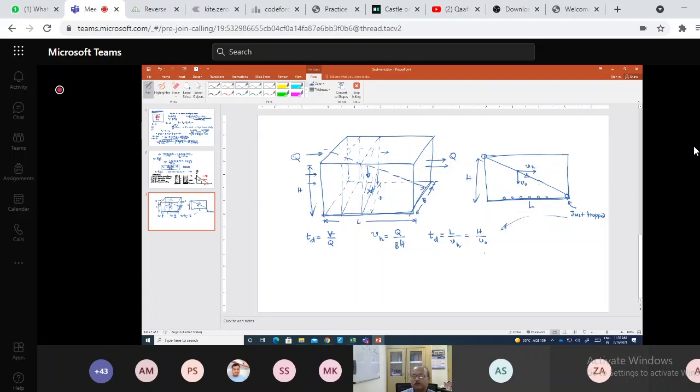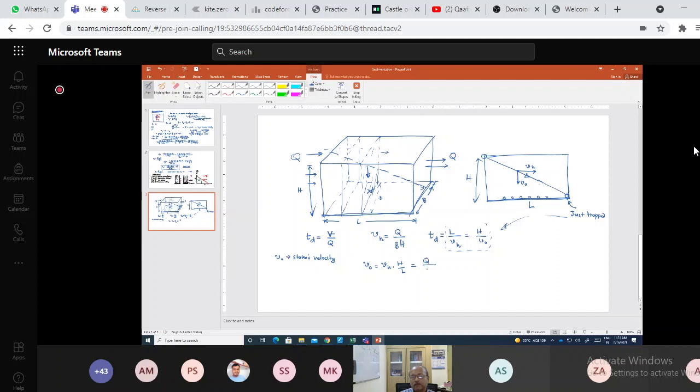And v0 is what? v0 is our Stokes law velocity, or maybe you can write settling velocity as well. Okay, so you can see from this discussion that v0 is equal to vh into h by L. And what is vh?